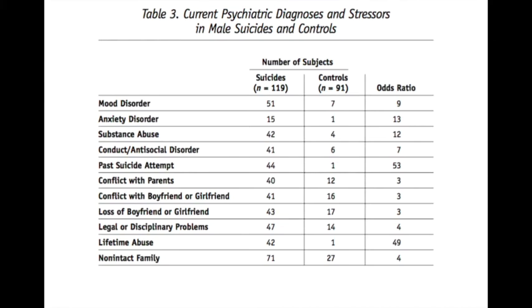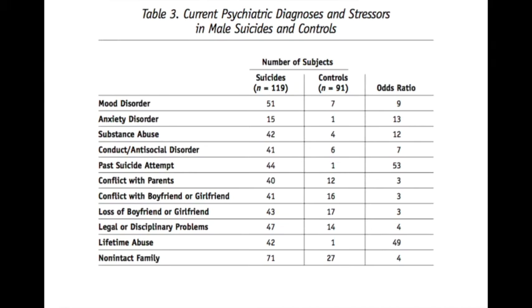And if B equals 4, D has to equal 87, because there are 91 controls. So 91 minus 4 equals 87. After this, we can calculate the odds ratio to equal 12, as shown in the table. This indicates that the odds of being a substance abuser was almost 12 times as large among suicides as among controls.